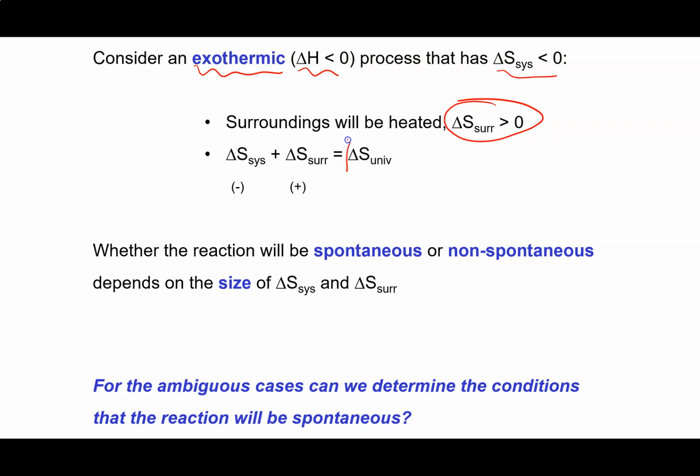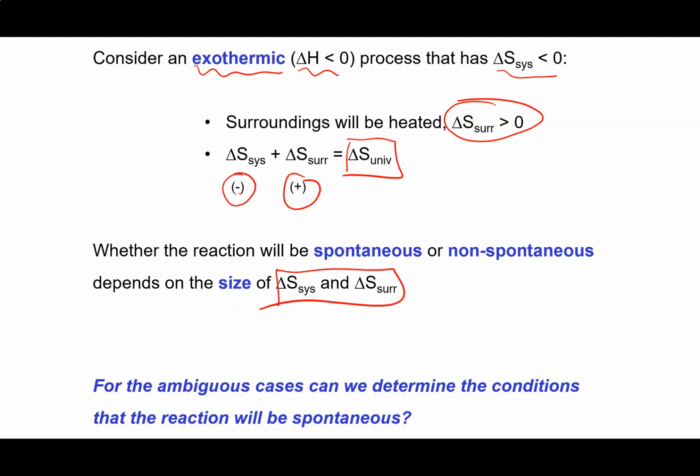So when it comes time to calculate delta S universe, we have a negative entropy change for our system and a positive entropy change for our surroundings. Depending on the relative size of these two, we could have a delta S universe that is either positive or negative. That is, our process could be spontaneous or non-spontaneous. It just depends on the size of these two quantities.